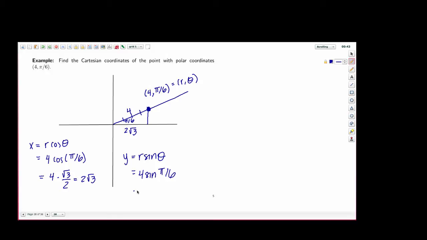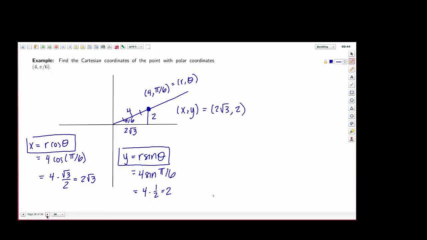Sine of pi over 6 is a half, so we get 4 times a half, which is equal to 2. So we're up 2. Our Cartesian coordinates are (2 root 3, 2), meaning we're over 2 root 3 and up 2. And of course we can check that this is reasonable. For example, if either x or y had been negative, we would have known that we made a mistake. So again, our key relationships here were x is r cosine theta and y is r sine theta.